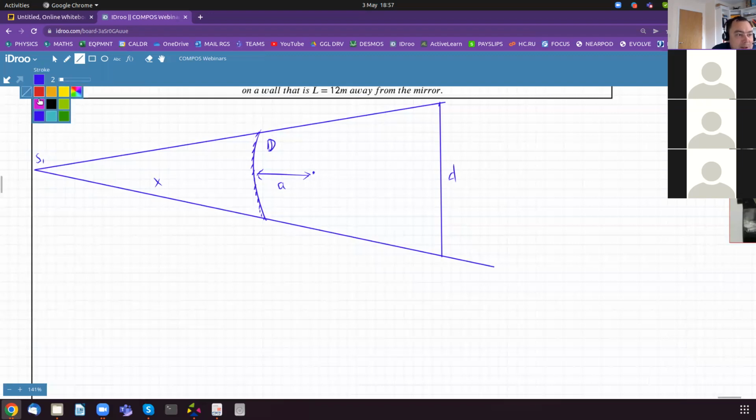Okay, this is the diameter. And now we use the fact that these are similar triangles, which they obviously are.